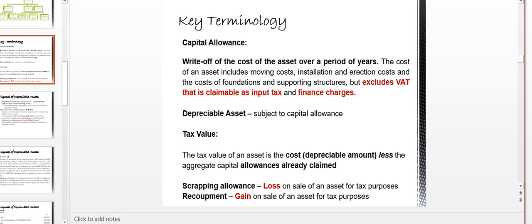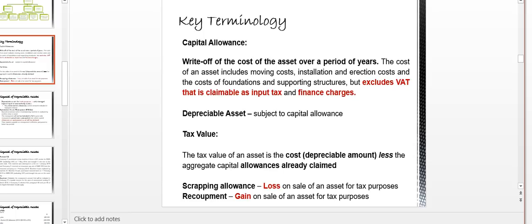Okay, and then any depreciable asset is subject to a capital allowance. So what is the tax value? The tax value is basically the cost of this depreciable asset less the aggregate capital allowance already claimed. So it's the cost less the allowance claimed.